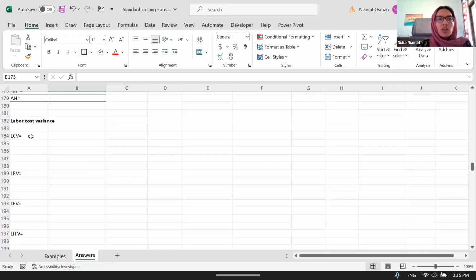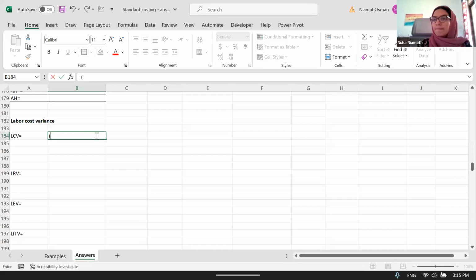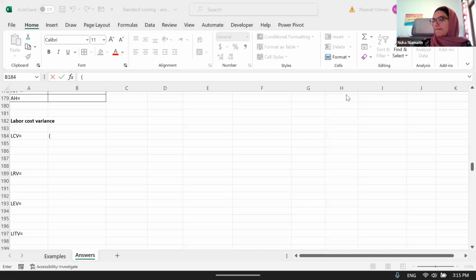Let's leave this. Labor cost variance. Quickly tell me the formula. SH into SR minus AH into AR.